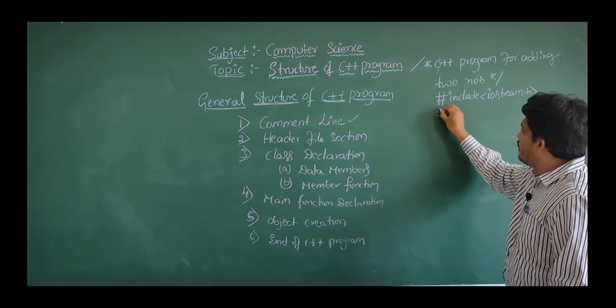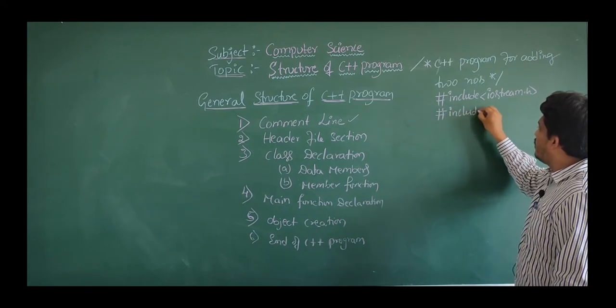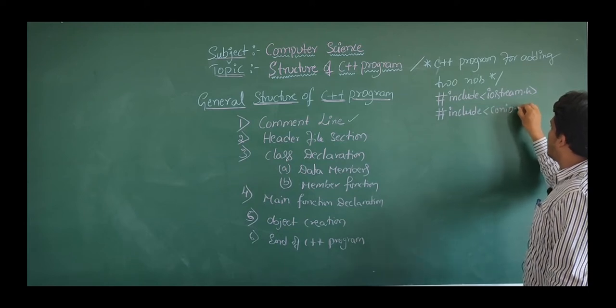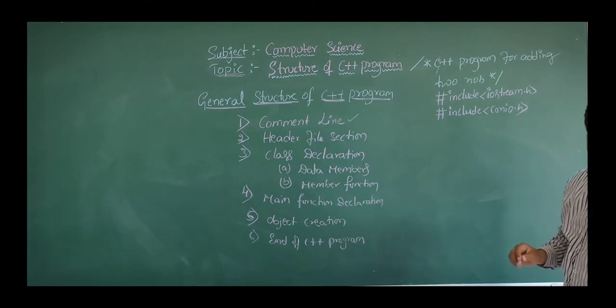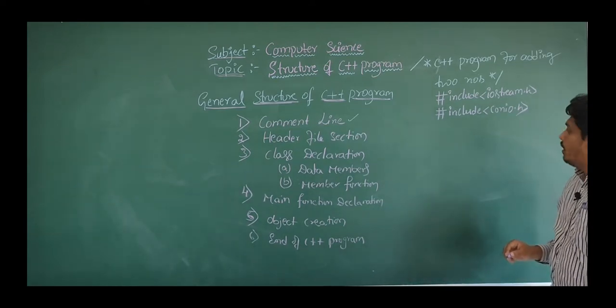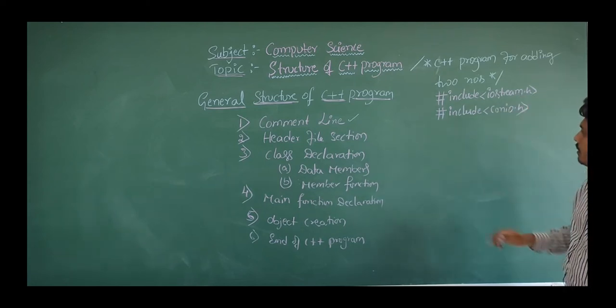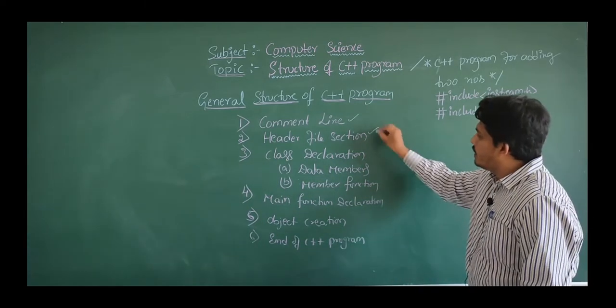After this, we write another header file, #include conio.h. conio stands for console input output, and iostream stands for input output stream. So this is our header file section. I have completed the header file section.